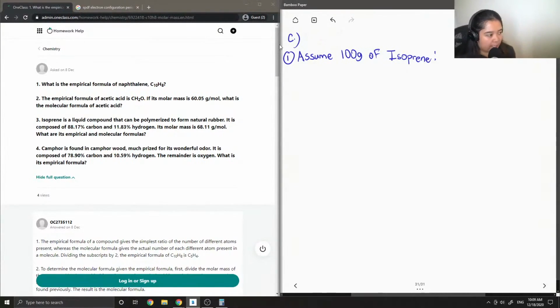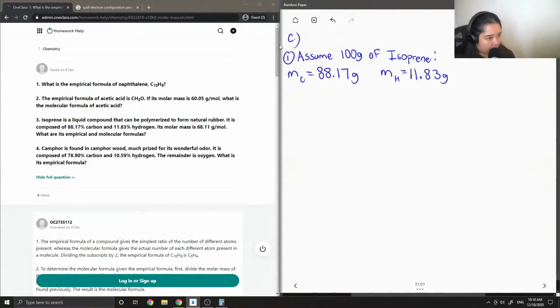So if we had 88.17% of a 100 gram sample of isoprene, this gives us a mass of carbon equal to 88.17 grams. And similarly with hydrogen, this gives us 11.83 grams.